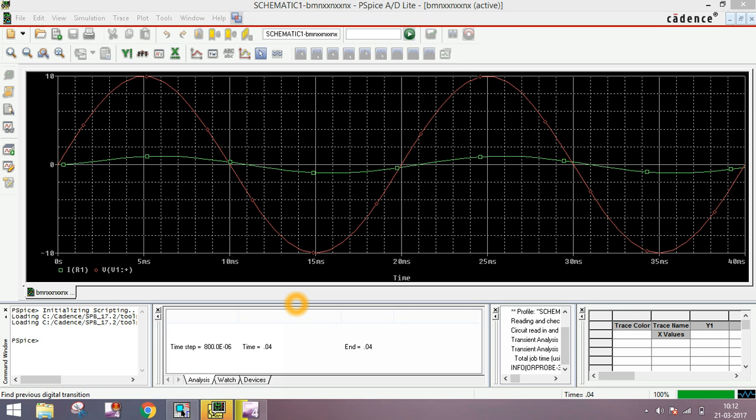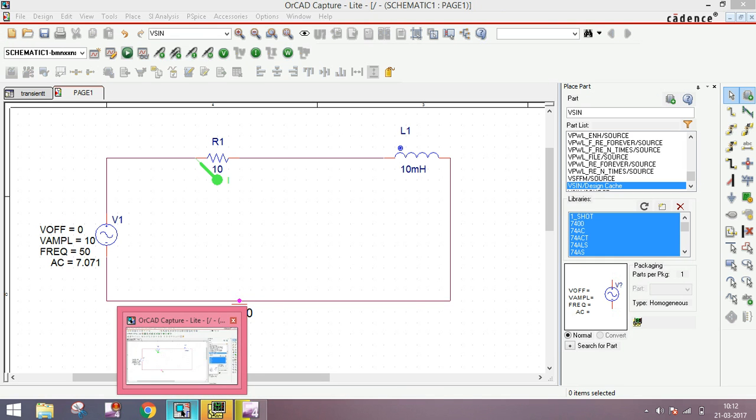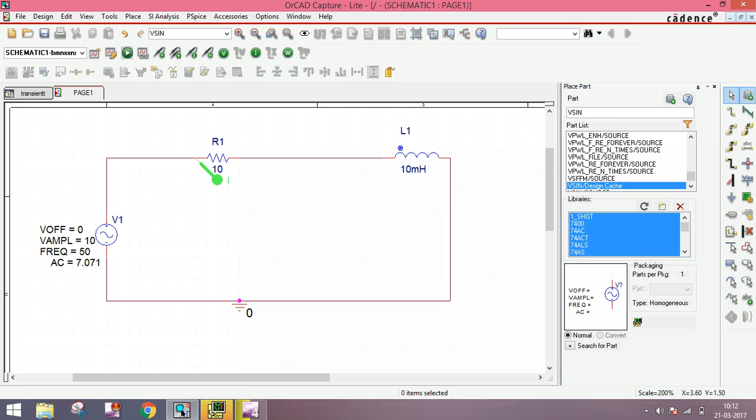And now we verify it against our theoretical value. Theoretically theta is tan inverse of the reactance of the circuit divided by the resistance.